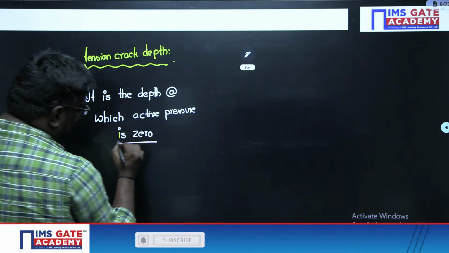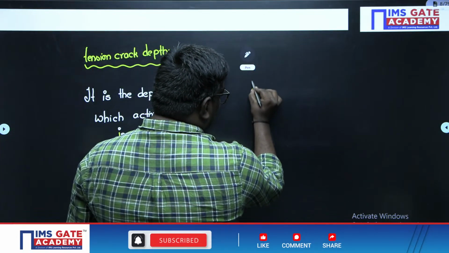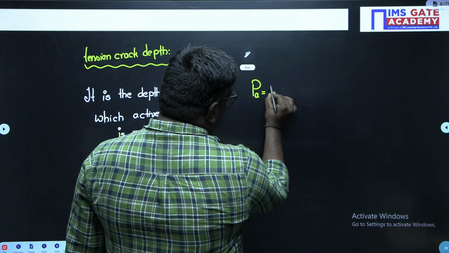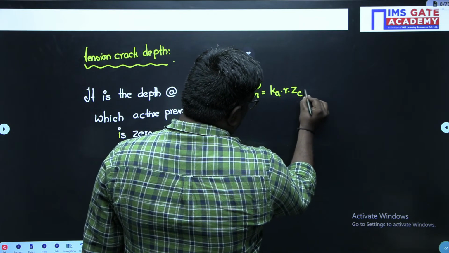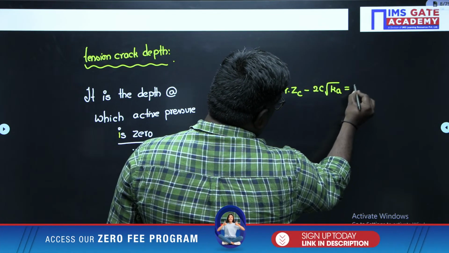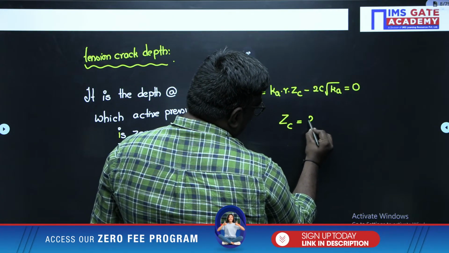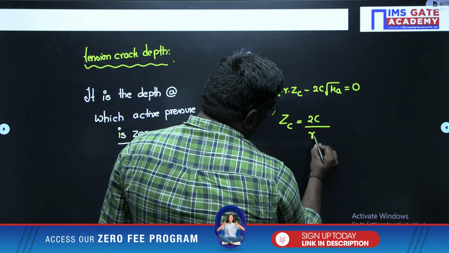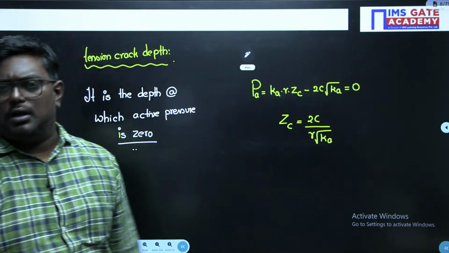So, my dear students, if you know the formula for active pressure, here active pressure is given by the formula Ka into gamma into Zc, tension crack depth, minus 2c root Ka is equal to 0. So, Zc can be written as 2c by gamma root Ka, which is a very, very important formula.